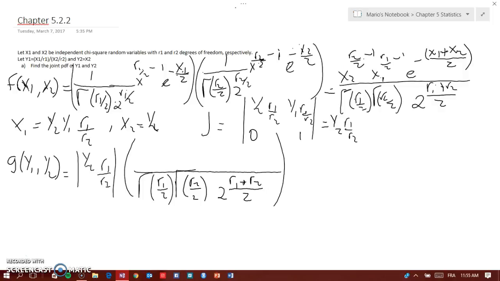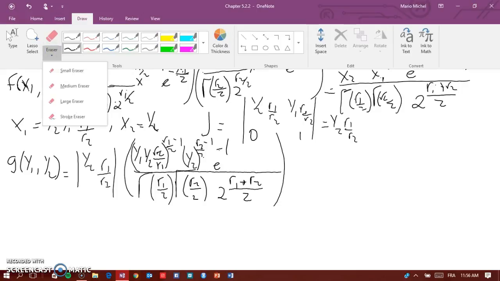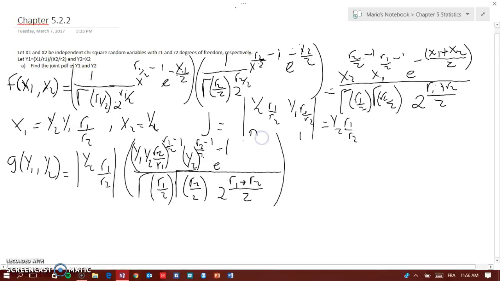So x1 will be y1 y2 R2 over R1 to the power of R1 over 2 minus 1, and x2 would be y2 to the power of R2 over 2 minus 1 times e to the negative, now x1, okay, let's do that again.